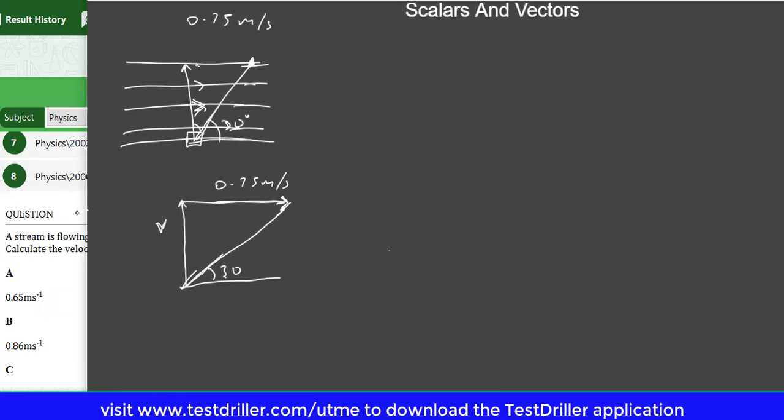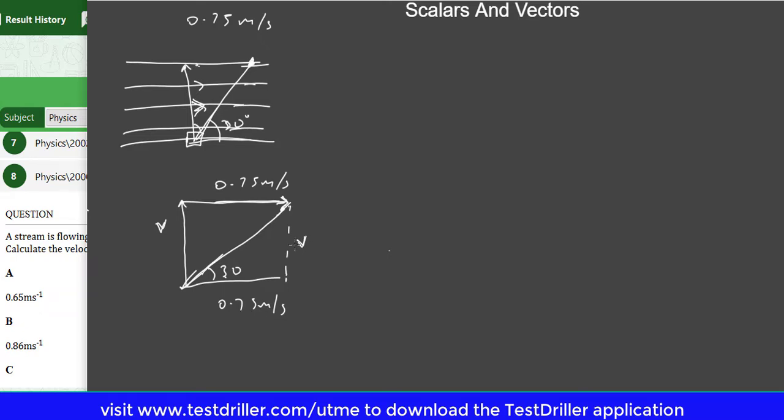This is how we can calculate the velocity. This 30-degree angle, we can break it down this way. This velocity is also 0.75 meter per second. This can also be taken to be the velocity, right? Now that we know the angle, we know the adjacent, but we don't know the opposite.